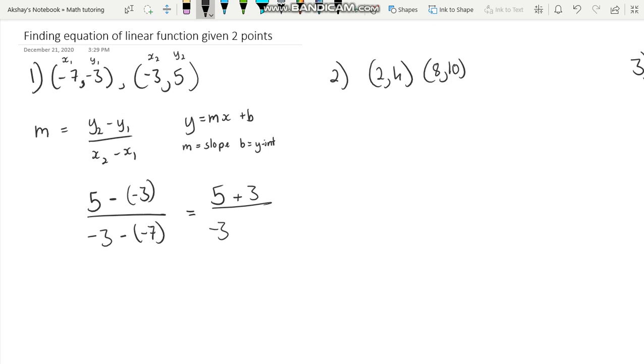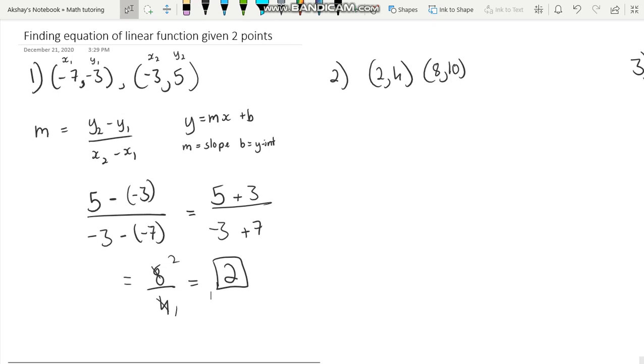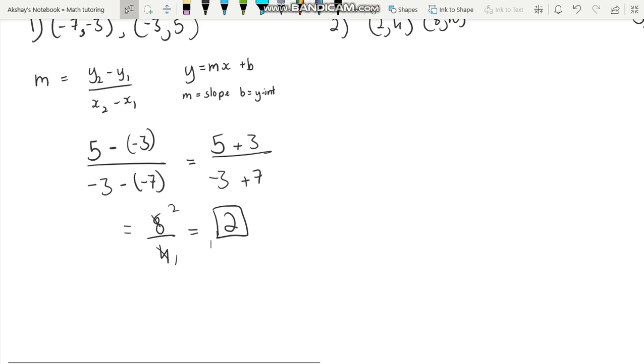Negative times -7 gives me +7. This gives me 8 over 4, which is 2. So now I know that my slope, or my m, is equal to 2 using my slope formula.